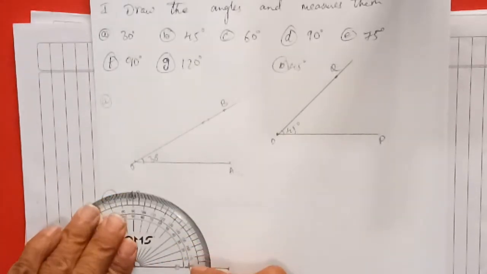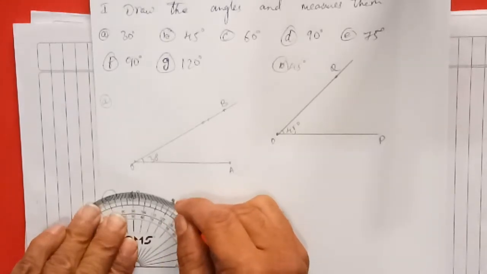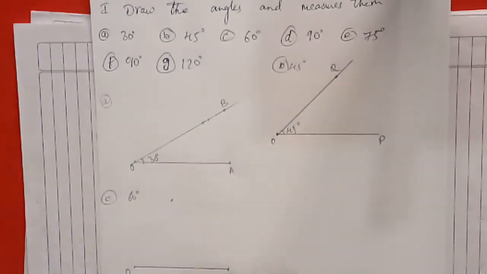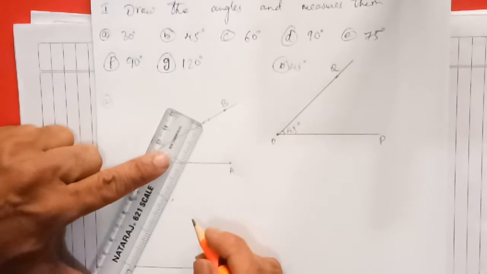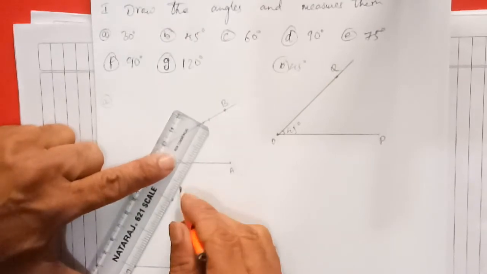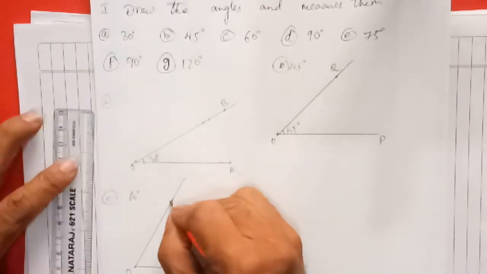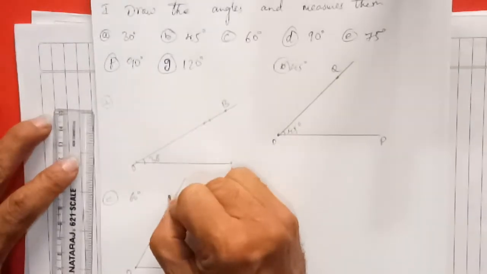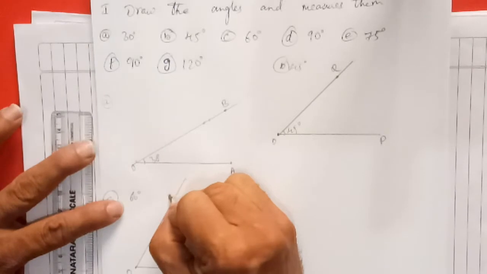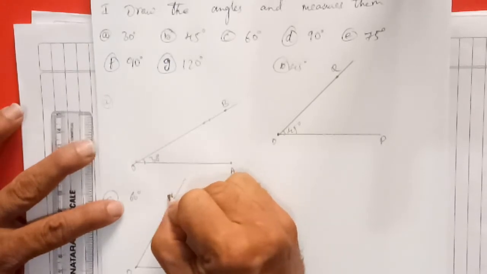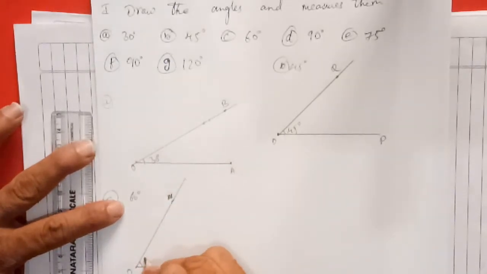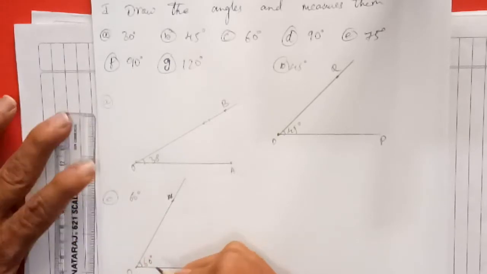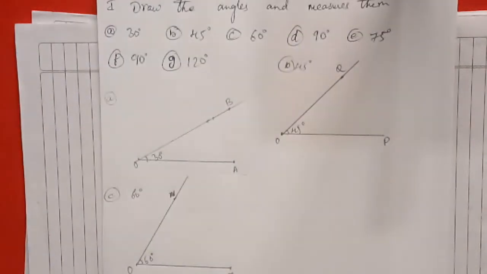Similarly, I will mark 10, 20, 30, 40, 50 and 60. That is the 60 degree. Mark it with a protractor and draw the line, joining this point. This point is M. Keep capital or small letters, no problem. This angle is 60 degree, right? Two arms with a common end point. We take the vertex.